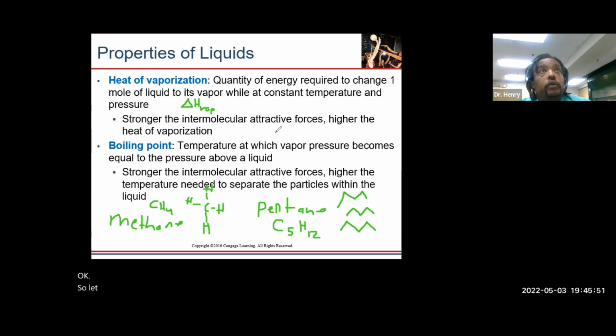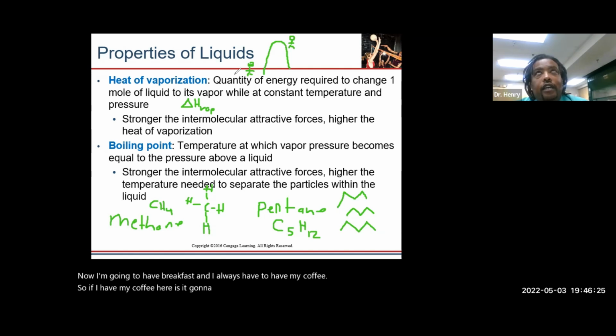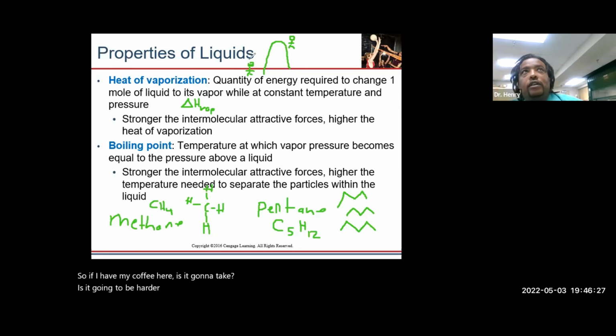So let me give you an example. Okay, here's a mountain. That's me at the bottom of the mountain. This is where I want to be by the next day. Now, I'm going to have breakfast, and I always have to have my coffee. Is it going to be harder to boil here, or harder to boil here at the top of the mountain?